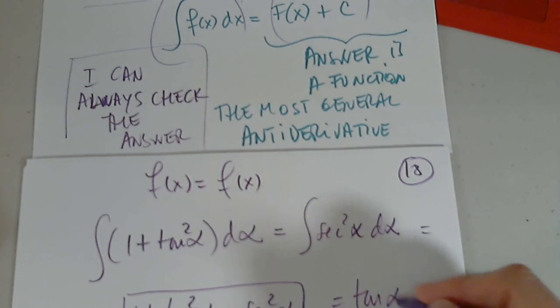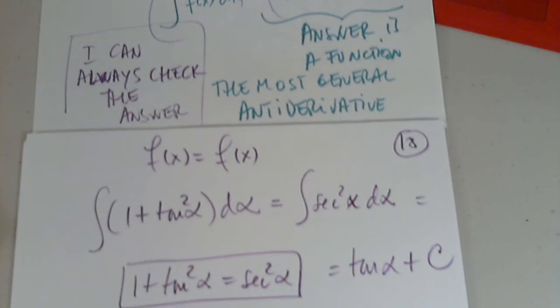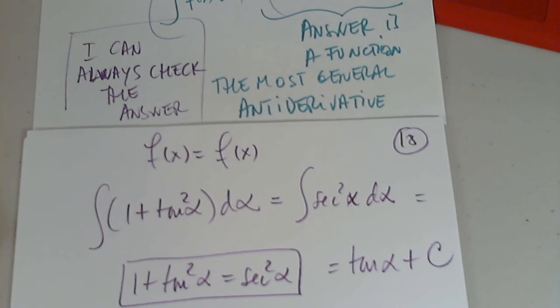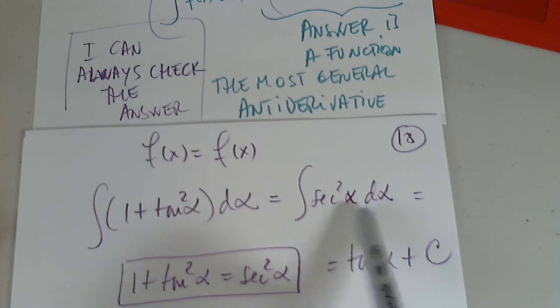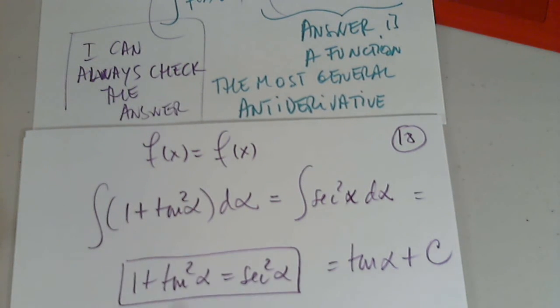It must be tangent alpha plus a constant c. Can I check? Yes. When I differentiate this, I get this, which has to be changed into this according to the fundamental trig identity.